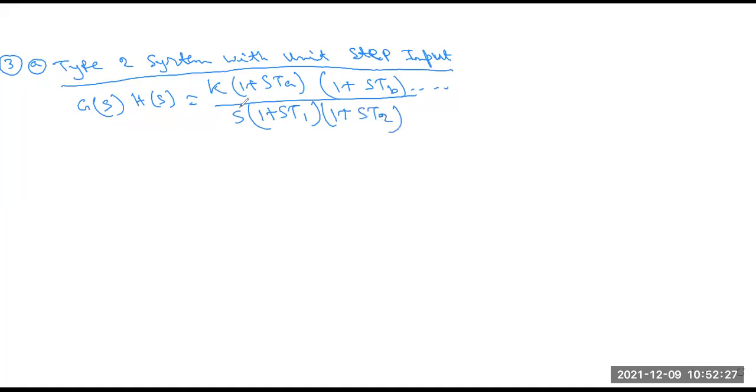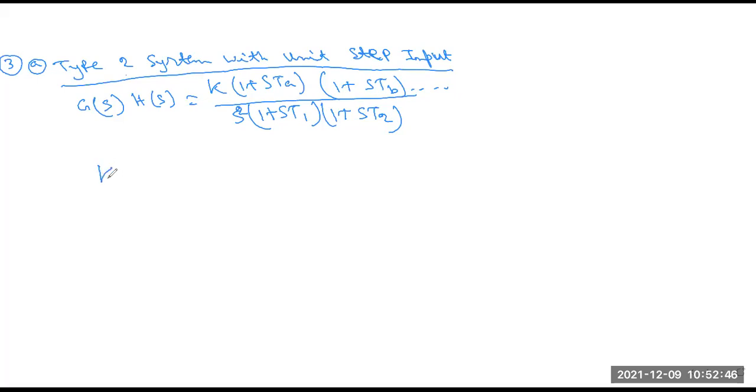That is type 2. When it is type 2 format, the power of s is 2. In the previous one, you can see the power of s was 1. So this is how type 2, type 1 and type 0 systems are identified.